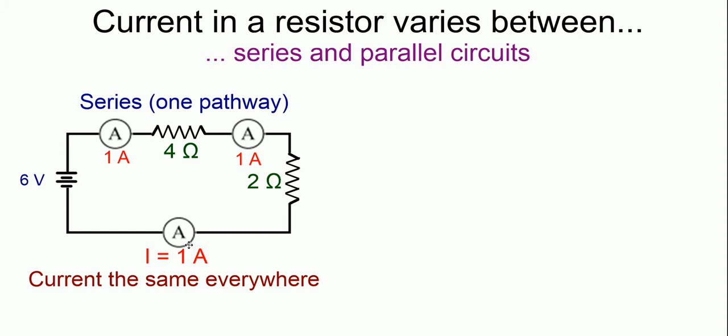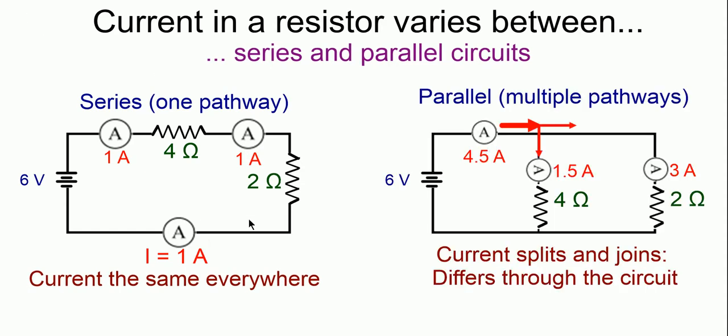It's the same everywhere. But with a parallel circuit, multiple pathways, the current is not the same everywhere, is it? You'll remember when I mentioned that we have splits and joins. For instance, here we have 4.5 amps coming to here, but at that point right there, it splits, doesn't it? 3 amps goes here, 1.5 amps goes here.